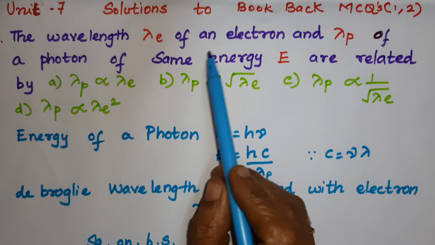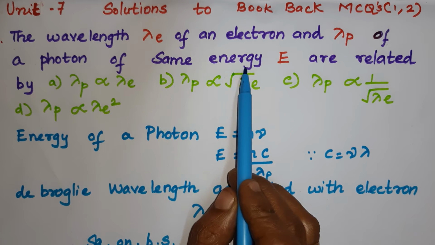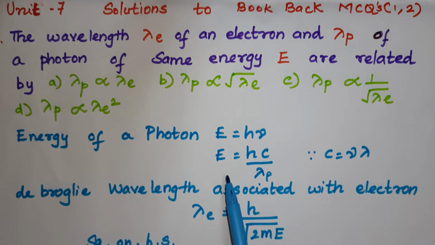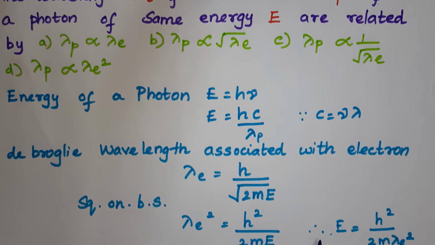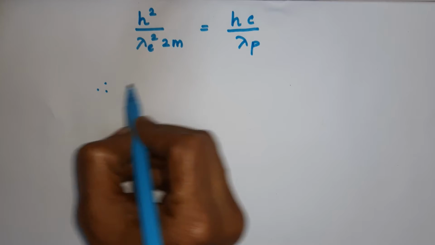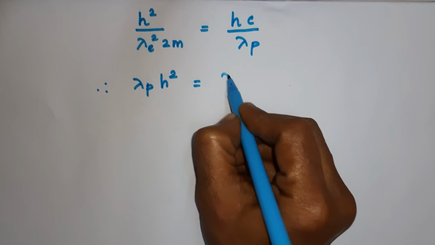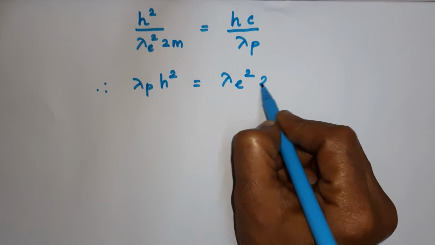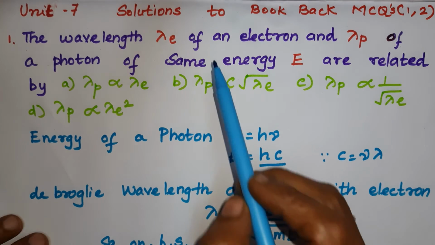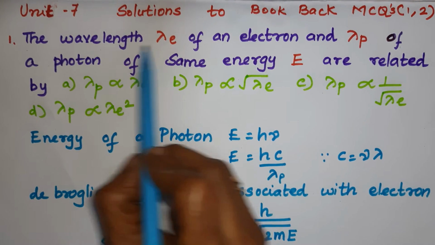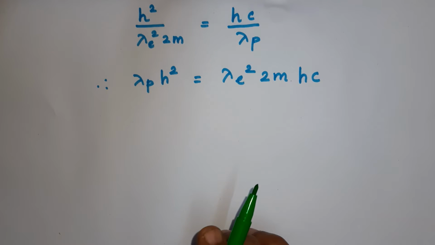The wavelength of an electron and the wavelength of the photon of the same energy are related. So, the energies we have to equate. Therefore, h square by 2m lambda E square is equal to hc by lambda P. Here in the question, we have to relate the wavelength of the electron and the wavelength of the photon.